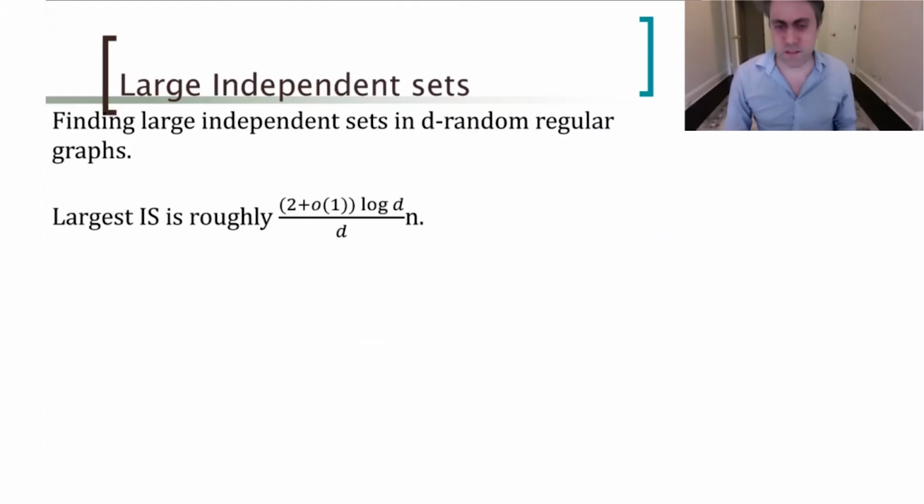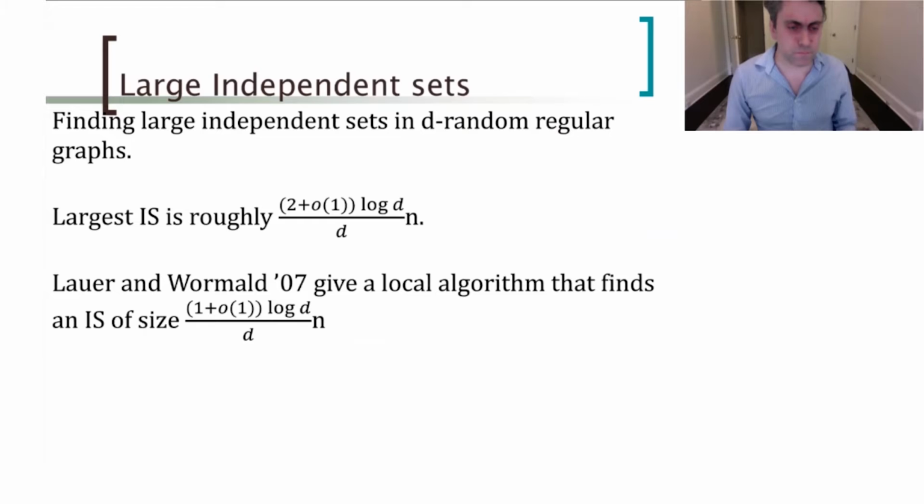The largest independent set, as I'm sure most of you know, has density about 2 log d over d, and the greedy algorithm of Lauer and Wormald will find an independent set of about half of this size, so about log d over d, as Peleg described earlier today.